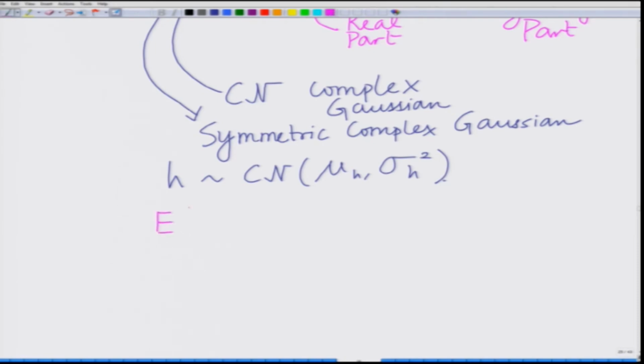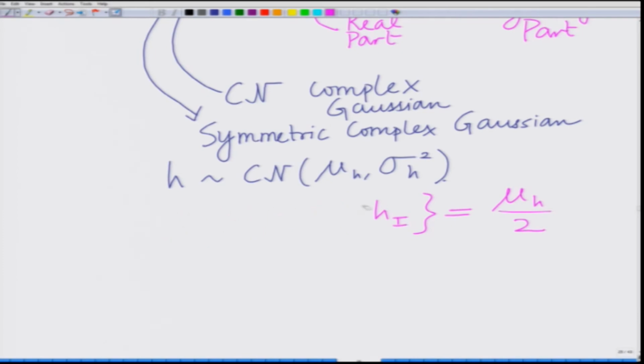The real part, of course, is symmetric, therefore the mean of the real part equals the mean of the imaginary part, which is basically half of the complex mean.